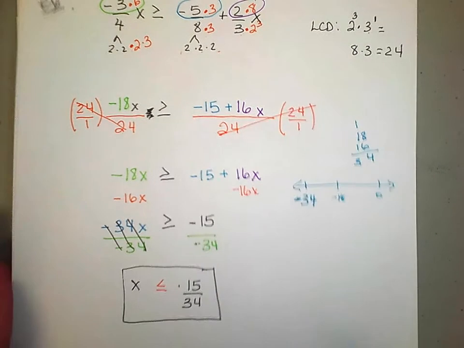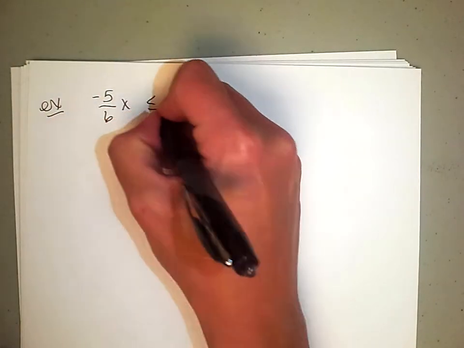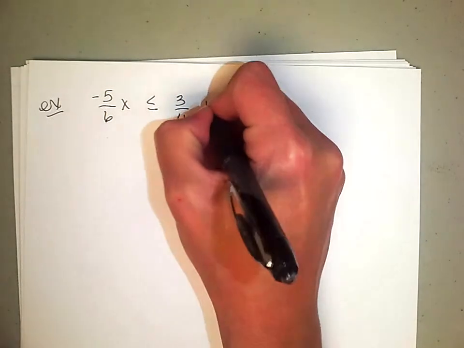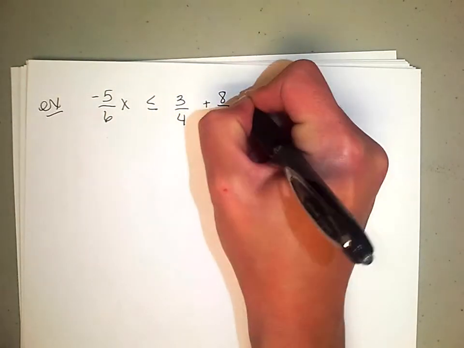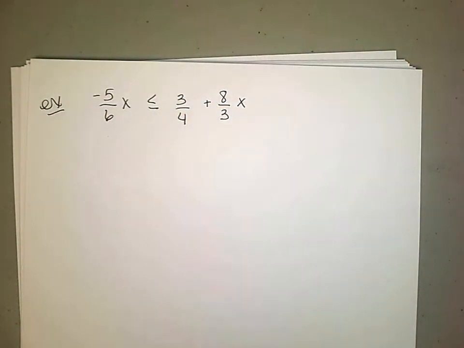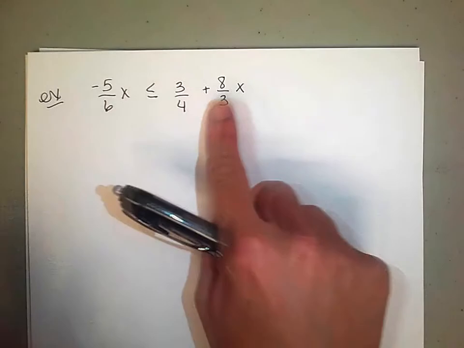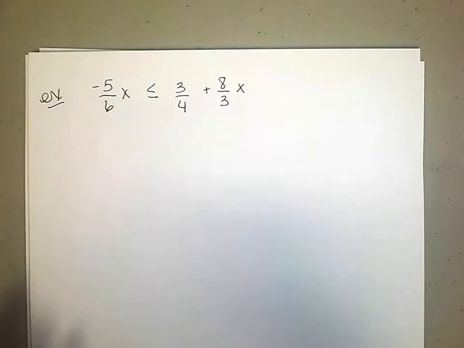Okay, let's try one more. Negative 5/6 of x less than 3/4 plus 8/3 x. Now again, I could add this over, but then I'd be adding and subtracting fractions.